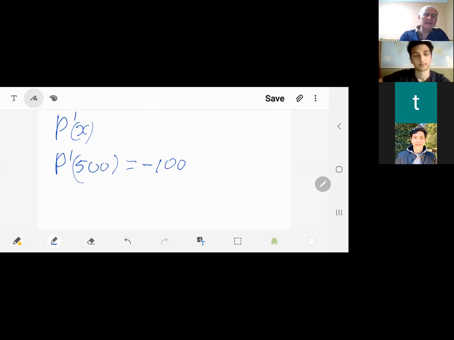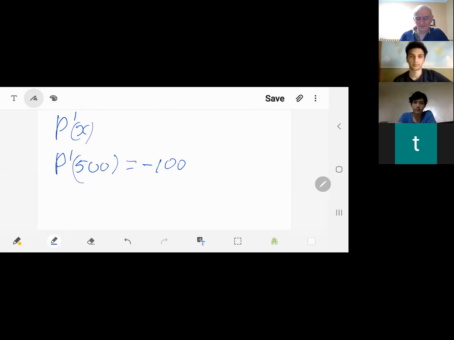Yes, Sandro, it means at the level of 500, for example, when we produce the 500th item, or from 500 to 501. So approximately at this level, when we increase production by 1 unit, profit will decrease by 100 units. Units of profit are usually units of money, dollars, or maybe Georgian lari.